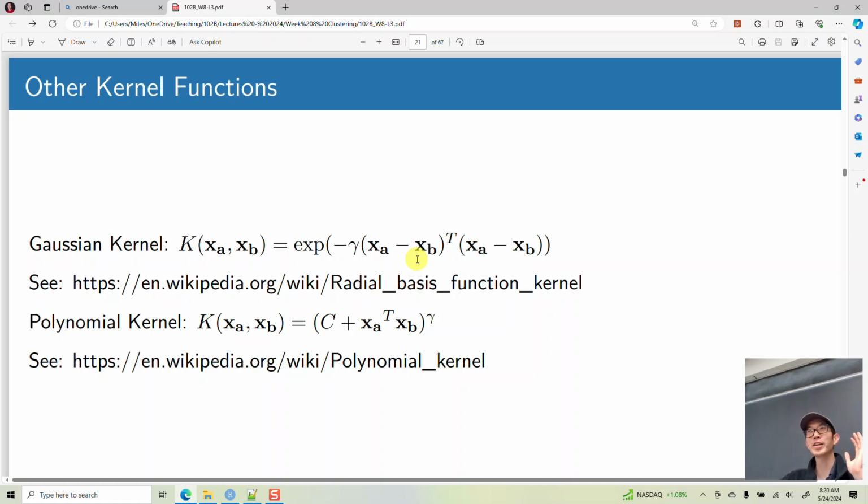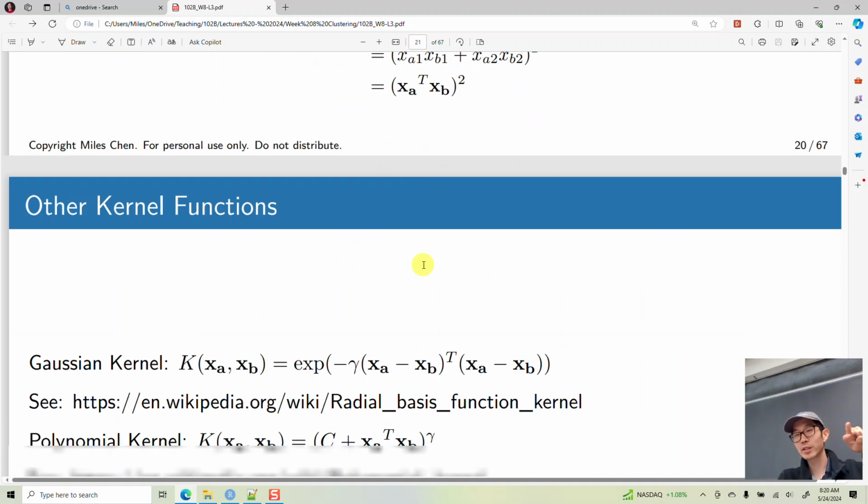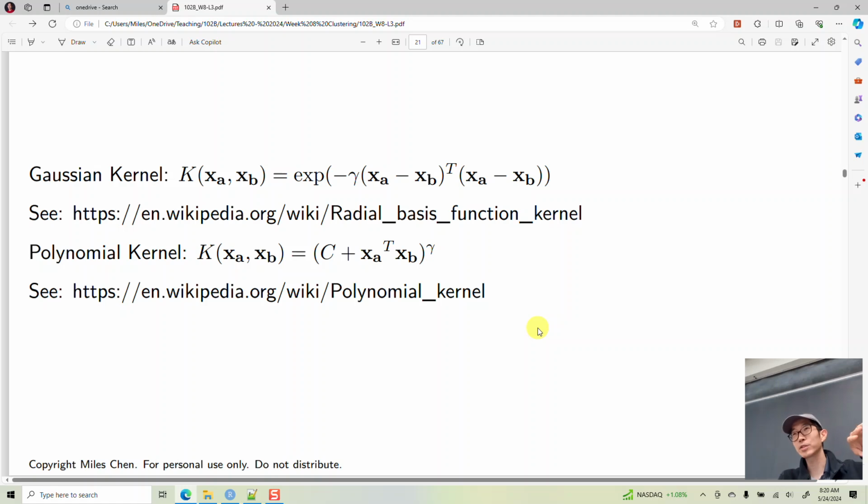Okay, it's hard to imagine, right? But so these previous functions transformed it from length 2 to length 3. But technically the RBF, or the Gaussian kernel, transforms it from length 2 to length infinity. Okay? And then it takes the inner product and you get back a single scalar.